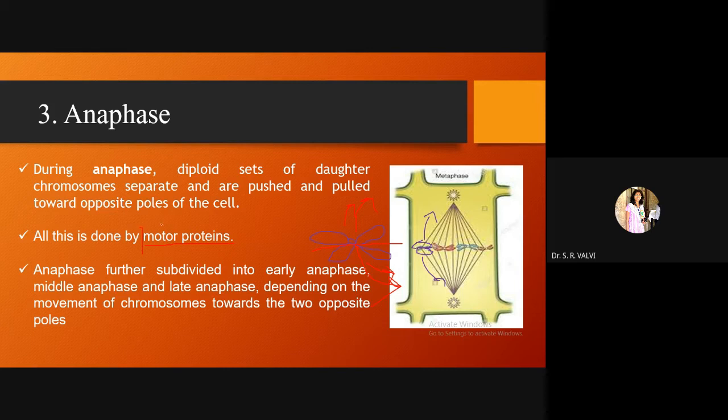Motor proteins. These proteins help us to move the sister chromatids towards their opposite poles. Now see here, this anaphase is further subdivided into early, middle and late anaphase, depending on the movement of chromosomes towards the opposite poles.